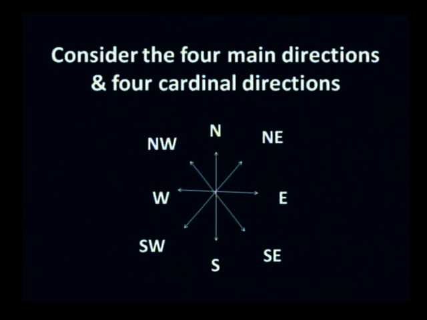So these are the 4 main directions, and then in between south and west the cardinal direction we call it as southwest, in between west and north we call it as northwest, in between north and east we call it as northeast, in between east and south we call it as southeast.